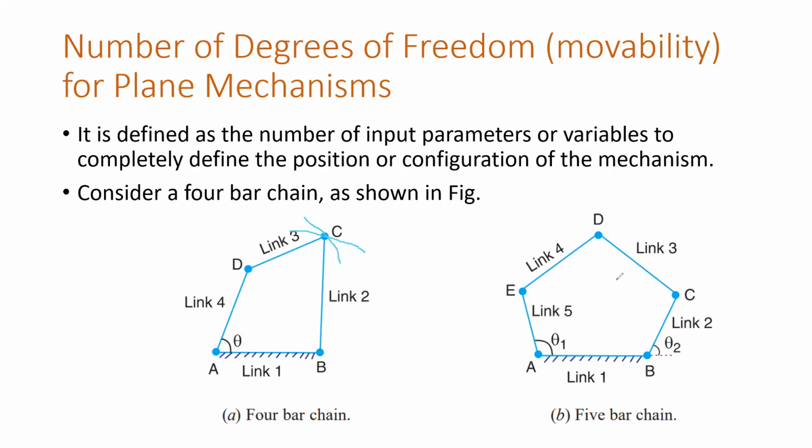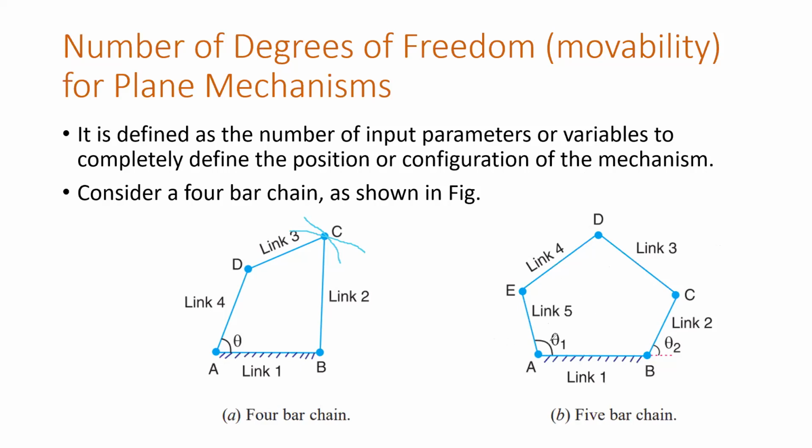You will draw only one arc, then for point C, you will draw another arc. Then how will you find link 3? It is not possible, right? So here degrees of freedom for 5-bar chain is 2.